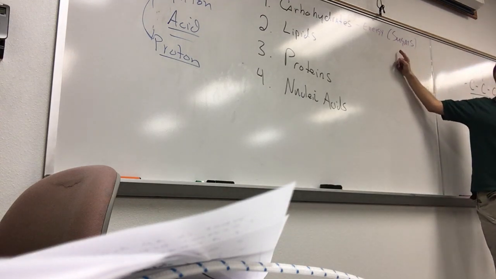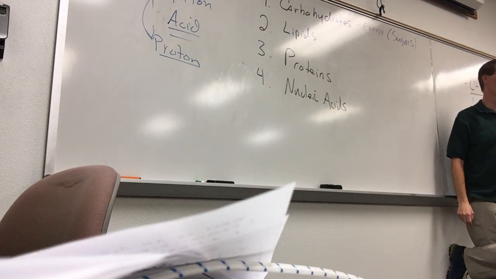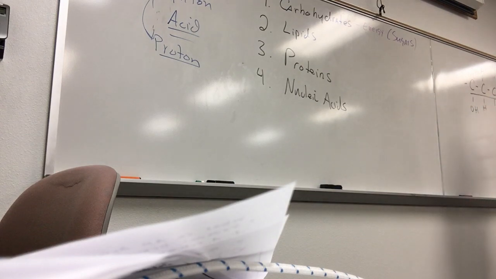But these are turned into what? What is the energy currency of our cell? What molecule does our cells ultimately use, like gasoline? ATP. You definitely need to know this. ATP is adenosine triphosphate.